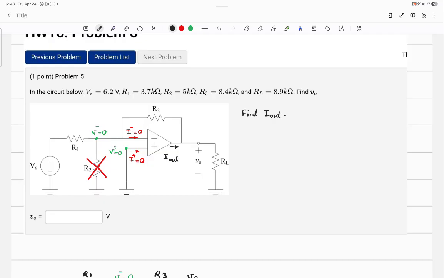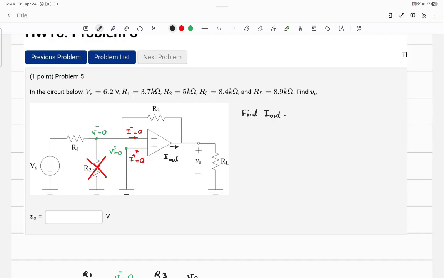How can I find it? We know VO, you should do the difference across RL. We know VO, so based on Ohm's law, we can say how much current is passing through RL. Do we know how much current is coming from that branch? Yes, 0 minus VO divided by R3.